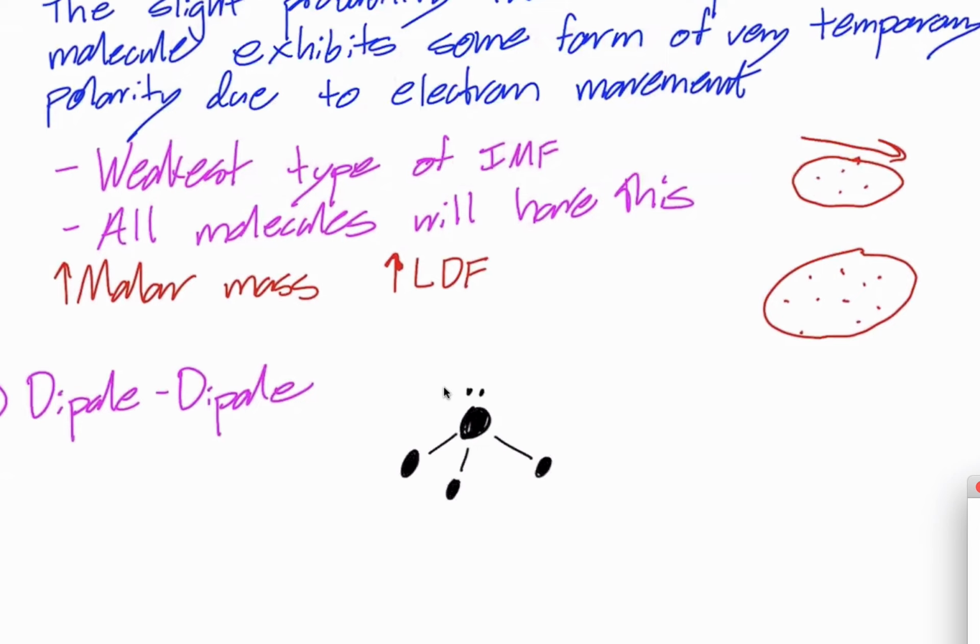And we have some lone pairs right here. So this could be NF3. In fact, yeah, let's do that, NF3.